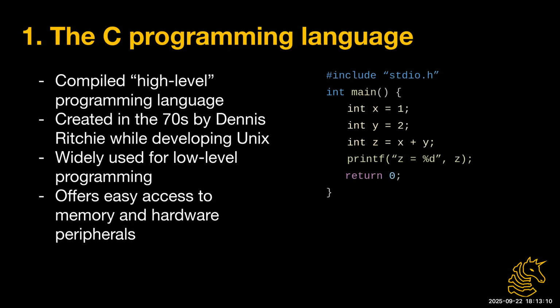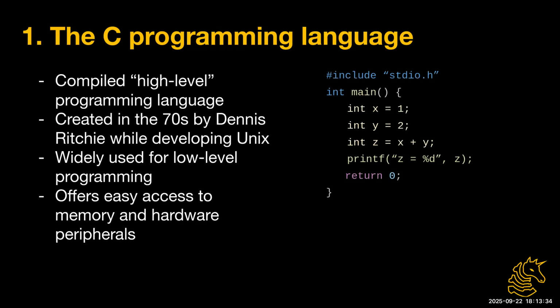C was invented in the 1970s, a long time ago, for developing the Unix operating system. If you run Linux, Linux is a descendant of Unix. When creating Unix, the creators found that no programming language that existed at that time met all of the requirements, and they invented C for this reason.